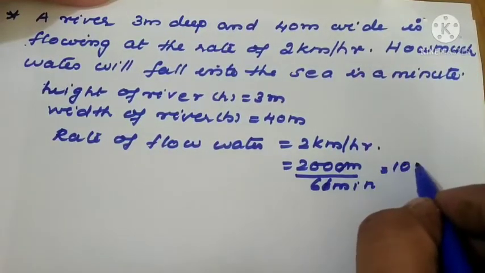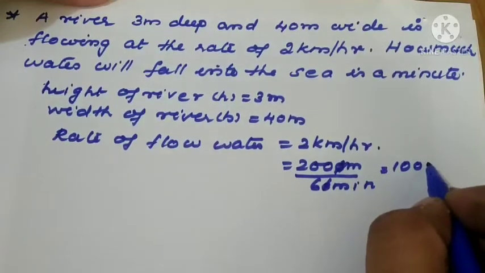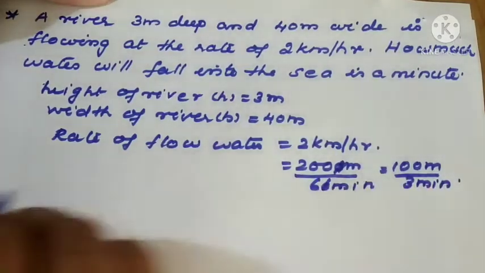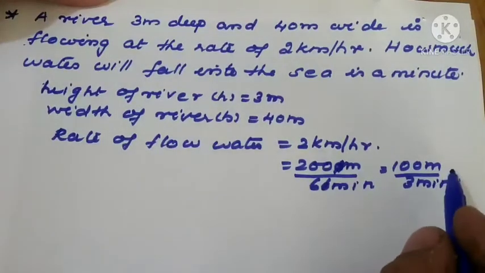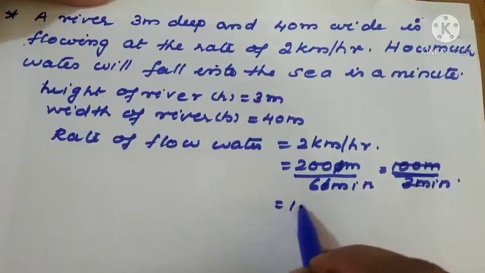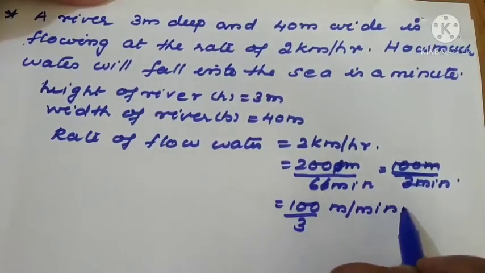Cancel means 100, already 10 cancelled. 100 meter by 3 minute. Sorry, 100 by 3 meter per minute we should write. Okay.